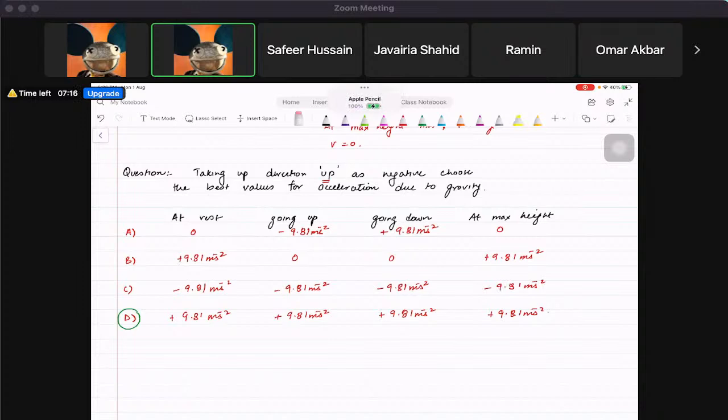That is the reason. If they had said taking direction up as positive, then I would choose C, because everything that is down is negative. But because we took up as negative, everything down is positive. Is it clear, everybody? Yes, sir.